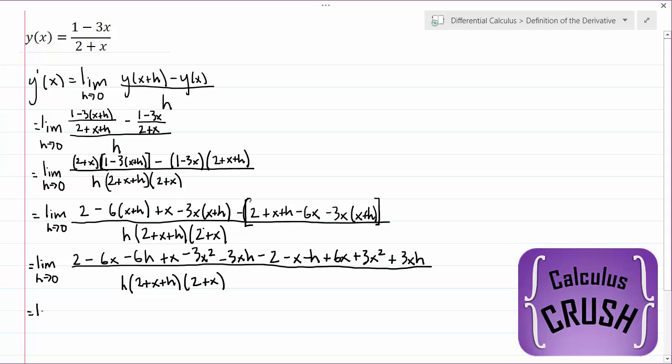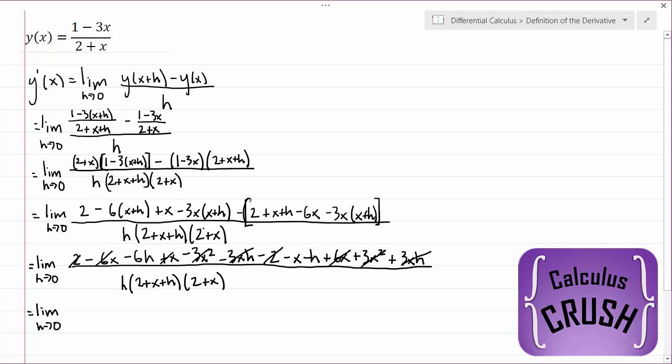Okay, now we should be able to start canceling some stuff out. All right, first of all, we've got a plus 2 and a minus 2. We've got a minus 6x and a plus 6x. We've got a minus 3x squared and a plus 3x squared, minus 3xh and a plus 3xh.